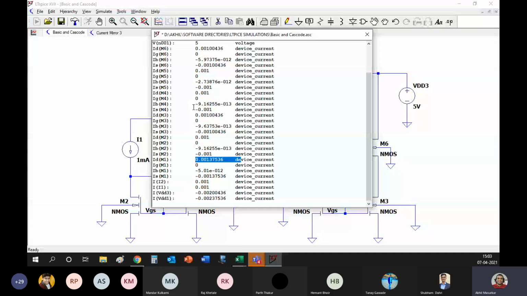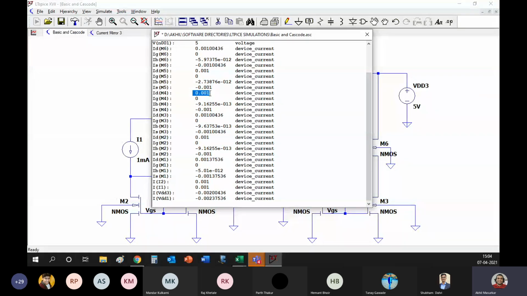So you can see that the change in the current in a cascode current mirror is less as compared to that in a basic current mirror, which means the cascode current mirror is immune to the effect of channel length modulation.